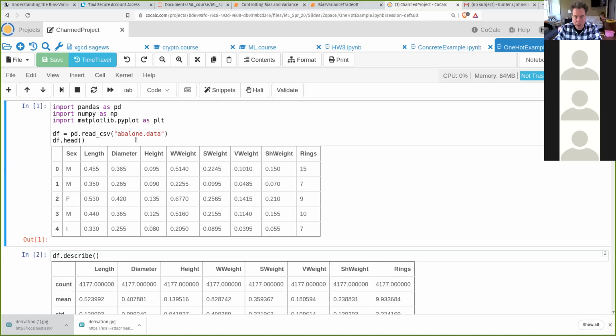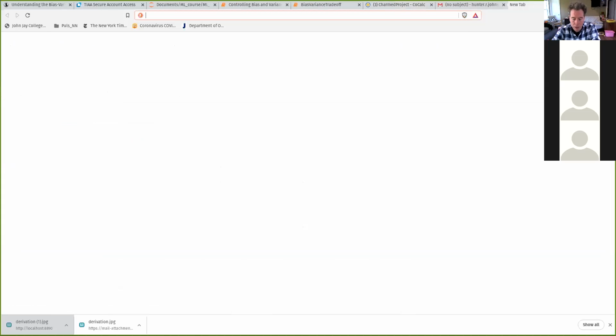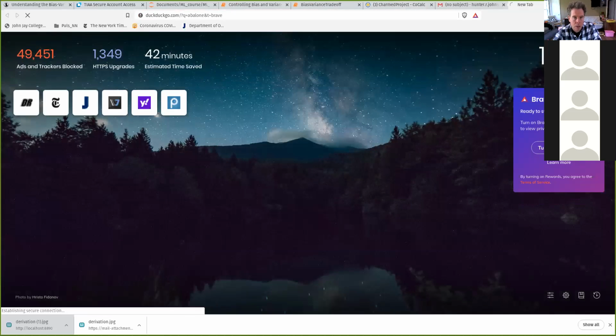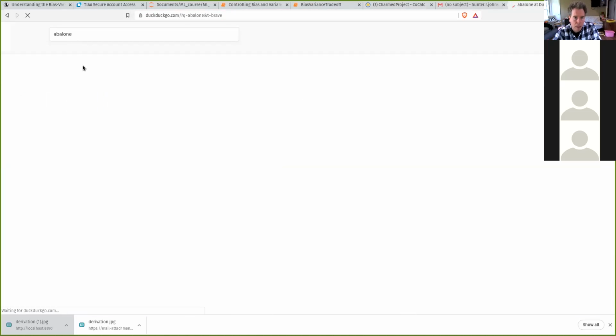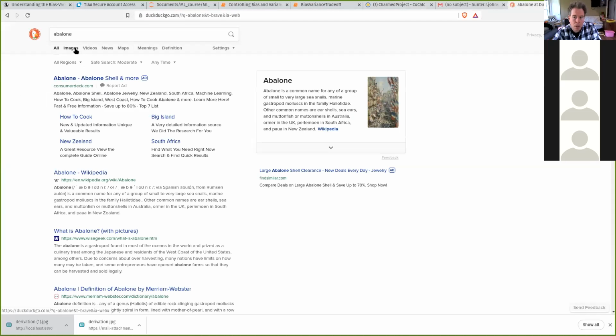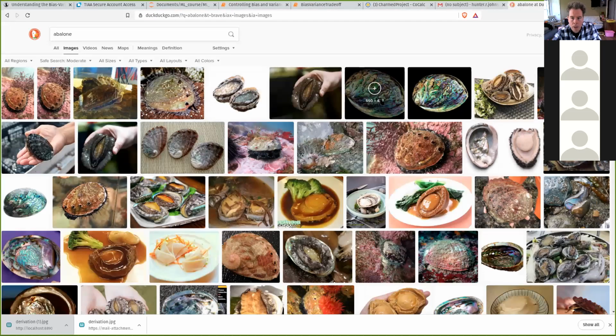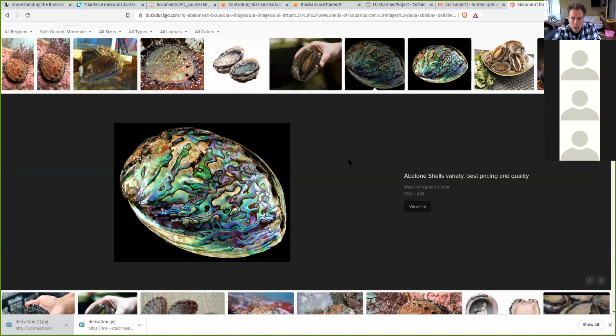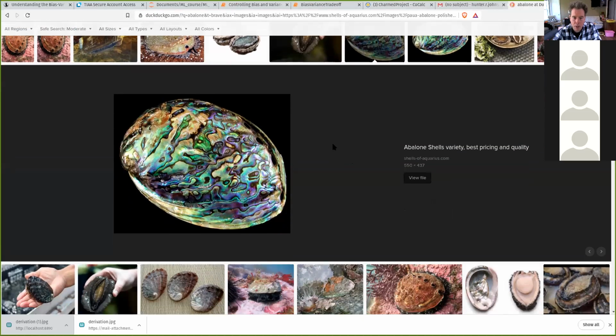I've never seen one. Has anybody ever seen an abalone? Should we Google one real fast just to see what one looks like? Here we are. So it looks like that. Do you guys watch Luke Cage on Netflix? Because his super hard skin comes from being genetically similar to some kind of shellfish.